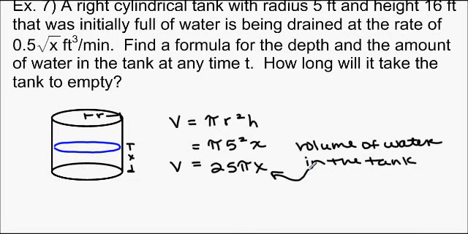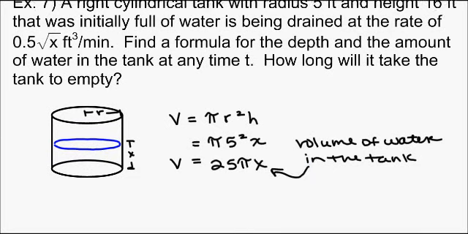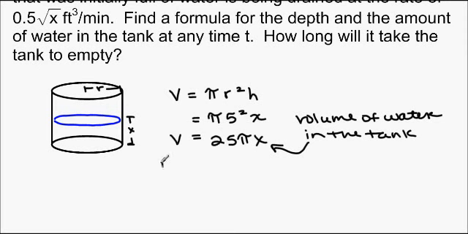Okay. So our differential equation then from this will be dV dt, so we're differentiating both sides with respect to time. 25 pi will stay the same, and then the derivative of x is dx dt.